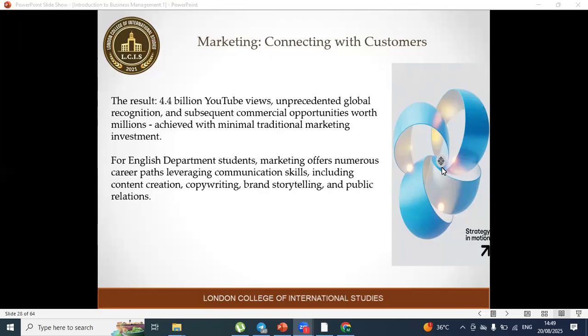You can, of course, write as well using some brands, some website, some platform just like LinkedIn, for example, brand storytelling and public relations. Of course, you can work in all of these sections: content writing, content creation, copywriting, or brand storytelling, and of course, public relations.